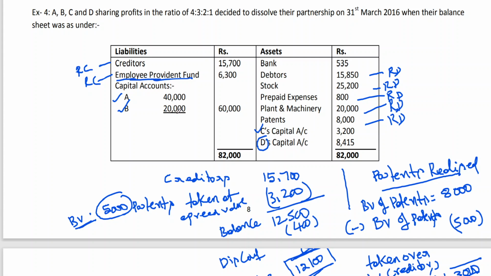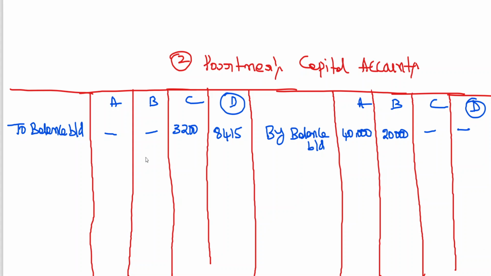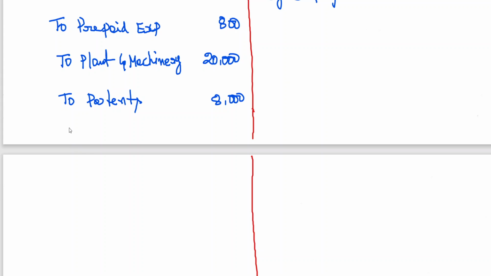Now let us come back to this. I already told you what cash is to be paid to creditors. This explanation I've given already, so I'm not writing it as working notes, but you can avoid working notes. If you want, you can go for working notes. I think you are group 2. Time management is the key, as I have been telling you. So here I am directly writing cash paid to creditors, 12,100, to bank.